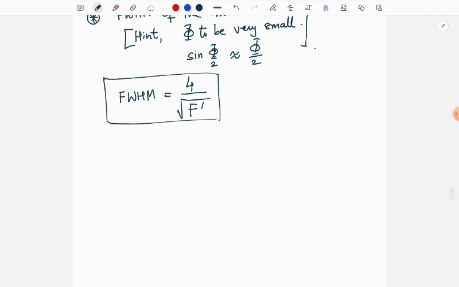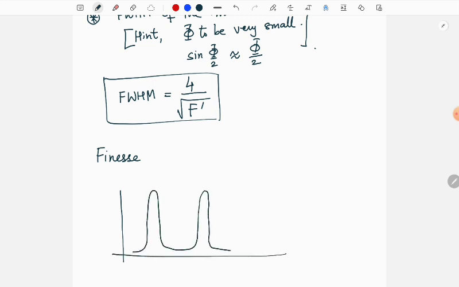What we define as F, we call the finesse. Now you have to remember one thing. Let's say I have modes. There are two parameters to this. One is how broad these modes are, so what is your FWHM, and the other is how well separated they are, some delta phi.